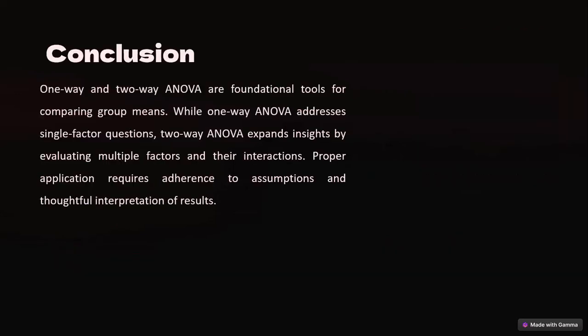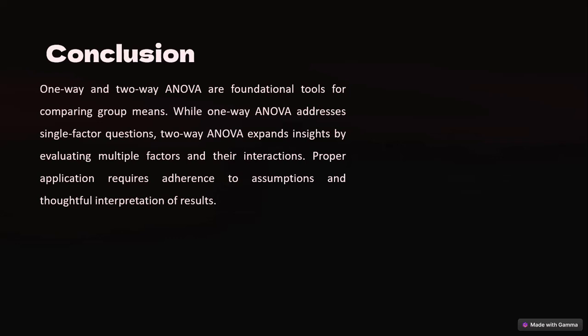So in conclusion, we can say ANOVA can be one-way or two-way, and they are foundational tools for comparing group means. The groups should be at least above 2, a minimum of 3. While one-way ANOVA addresses single factor questions, two-way ANOVA expands insights by evaluating multiple factors as well as their interaction.